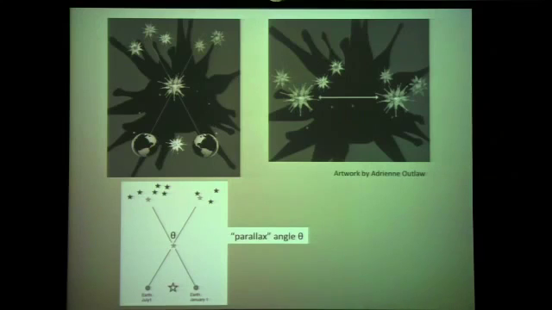So when the Earth is on one side of the sun, which in this cartoon here is marked January 1st, and on the other side of the sun, July 1st, if we find a relatively nearby star, it will appear to be over here to the left on July 1st, and then over here to the right on January 1st, and that nearby star will appear to move back and forth across 6 months.